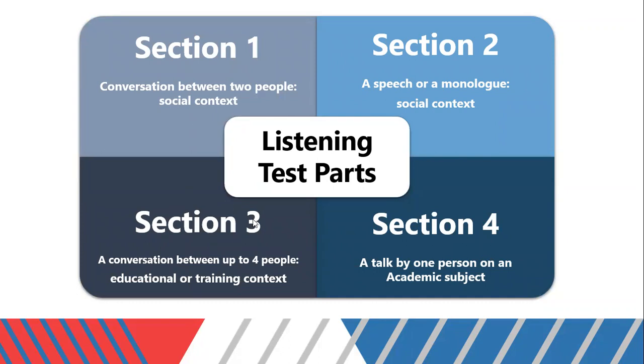In section 3, it is a conversation, similar to section 1, but the difference is that here it is between 2 people up to 4 people. So for example, you may have a conversation between 2 students and their doctor at the university, or 2 students and their teacher at school, or it might be between 2 teachers, the principal, and a teacher.